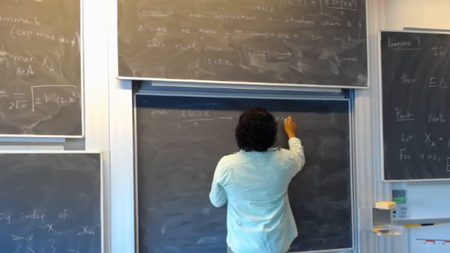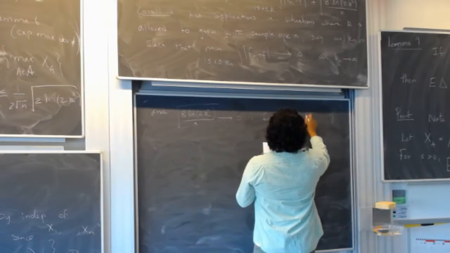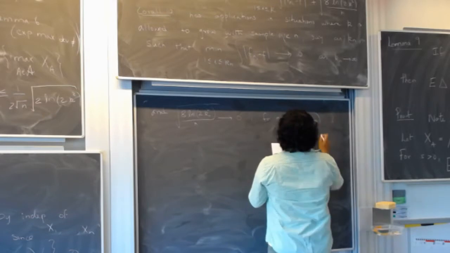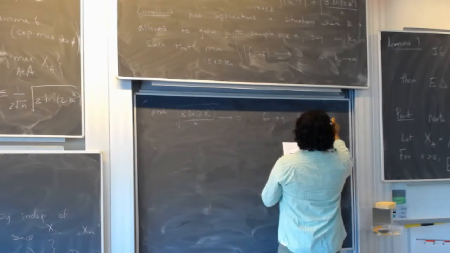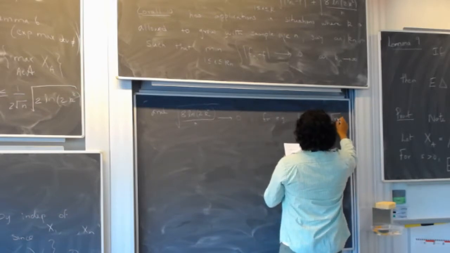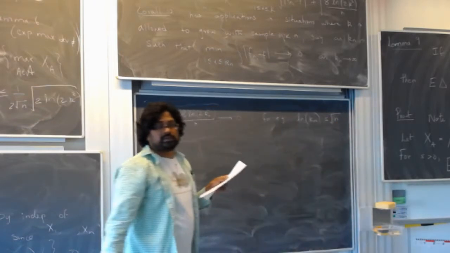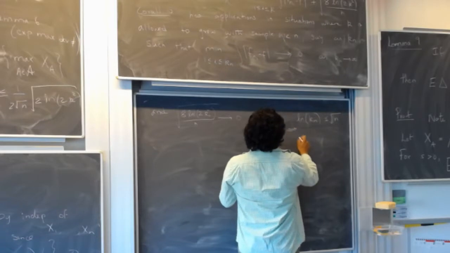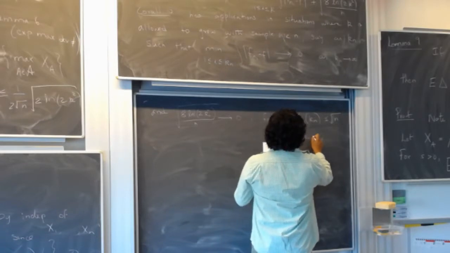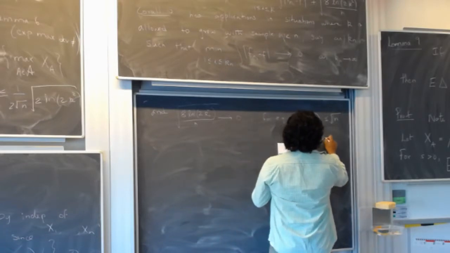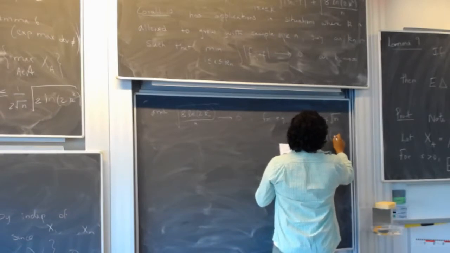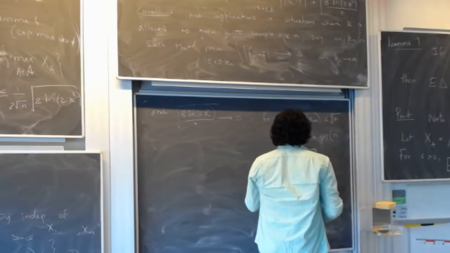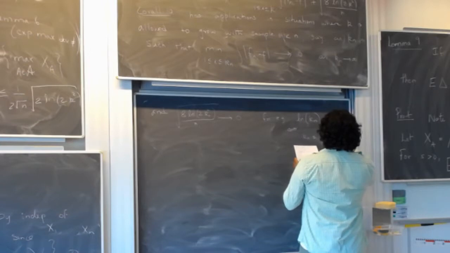So for example, consider for our choice that ln of k_n is less than root n. And so we want k sub n to be less than or equal to exp of n to the whatever.